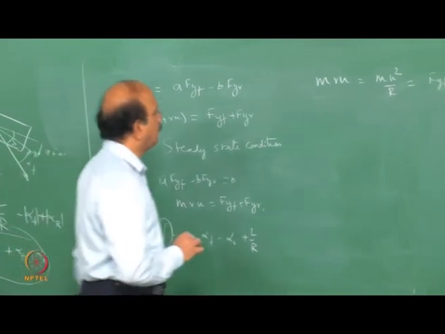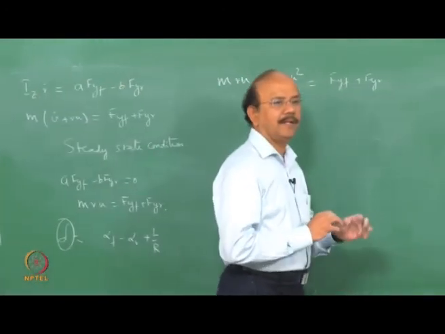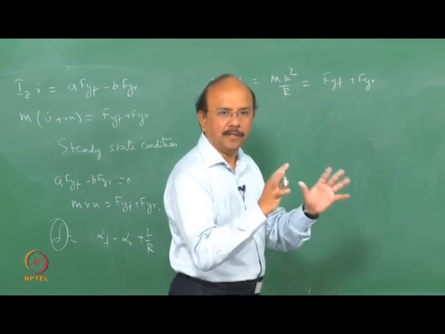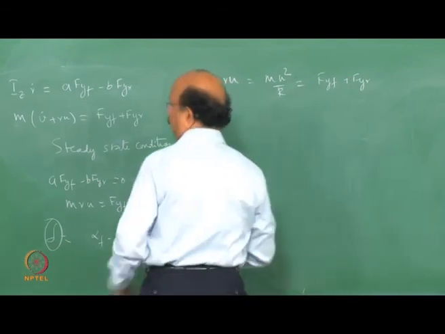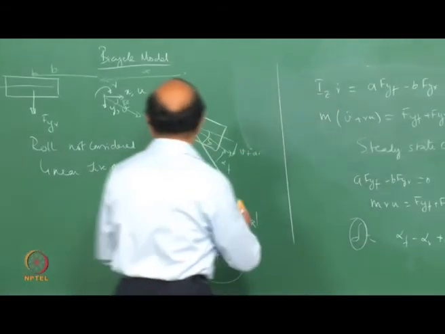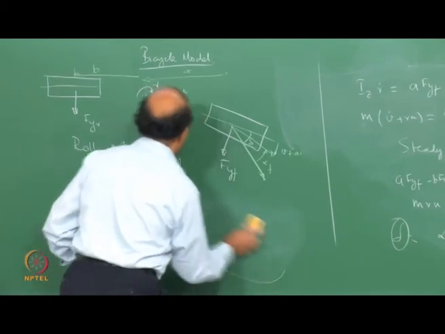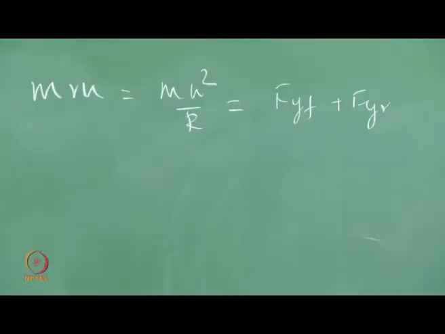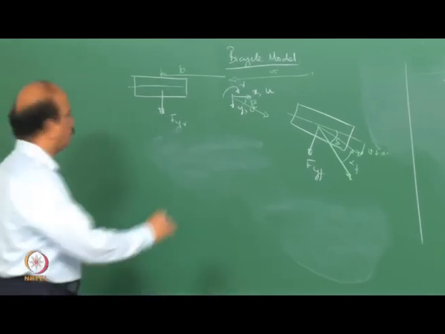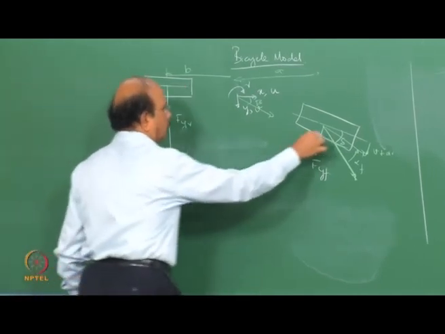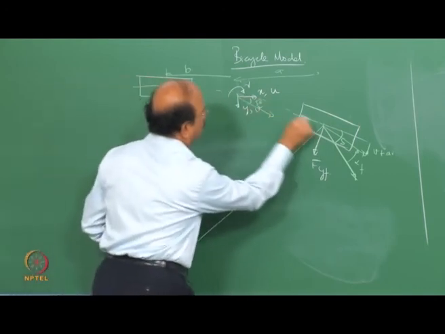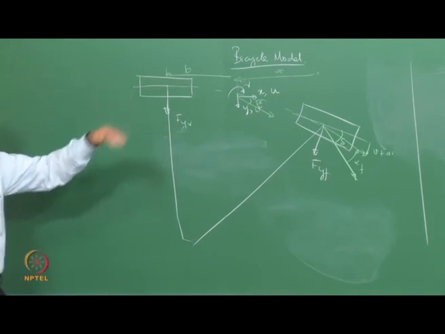Now let us look at the geometry part of the vehicle motion. Here it is. We define very clearly what is capital R and so on. Obviously, that is the radius.